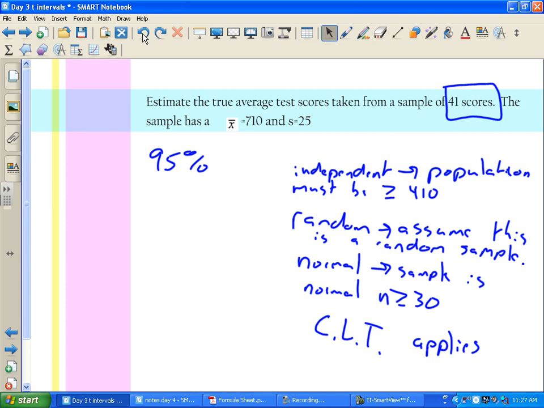I'll tell you what I have written on the board is probably a little too brief for the AP exam. For independence, I would say population must be greater than or equal to 410 because otherwise the 10% rule is not met, or we cannot assume that independence is met.